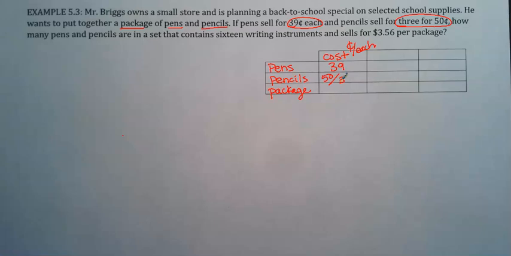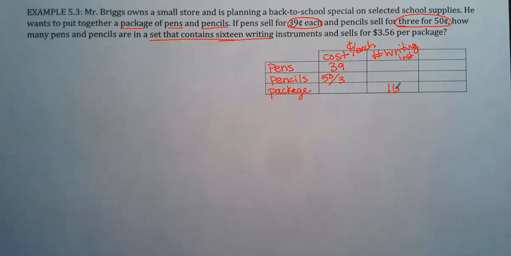How many pens and pencils are in a set? We don't know. That contains 16 writing instruments. So the set contains 16. So we need the number of writing instruments, is what they're calling it. Okay, so the number in the package is 16 here.